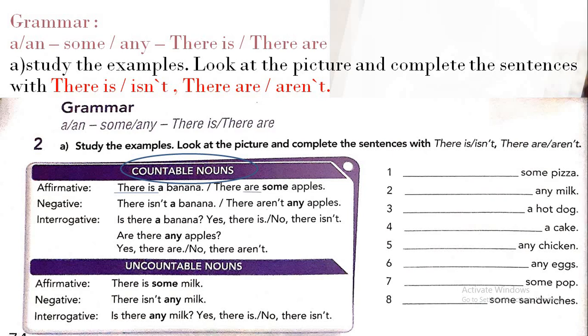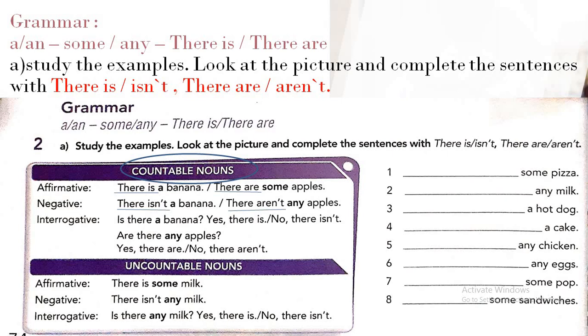With plural, we can say there are some apples. What about negative? So, there isn't a banana. This is a negative form of there isn't a banana. Good. For plural, there aren't any apples.